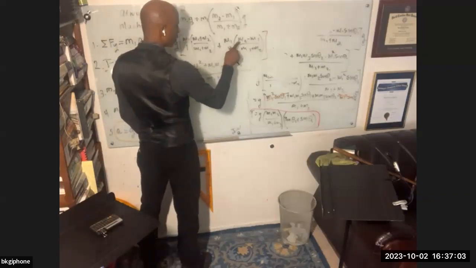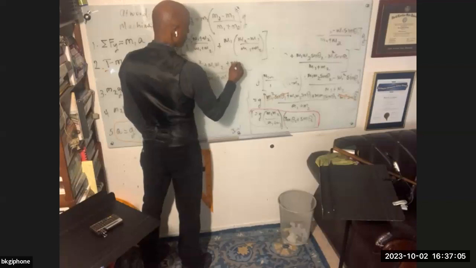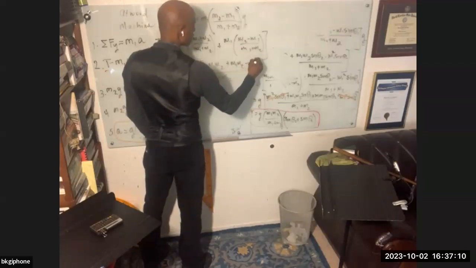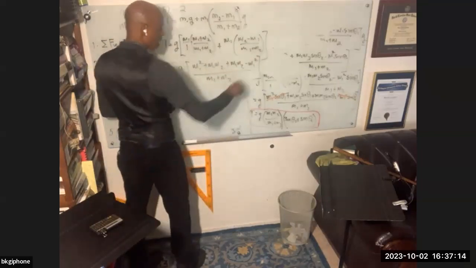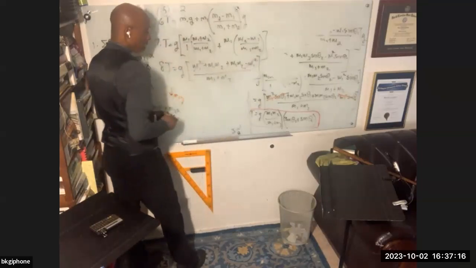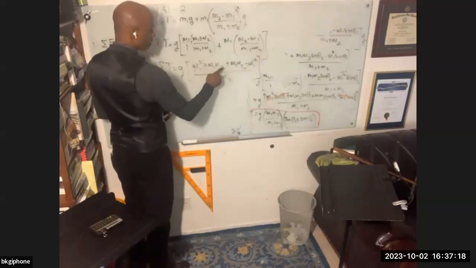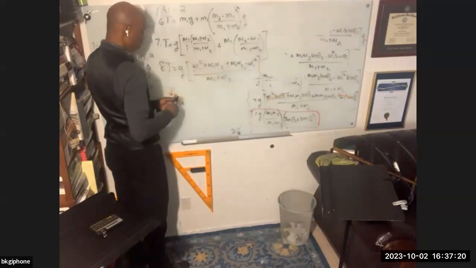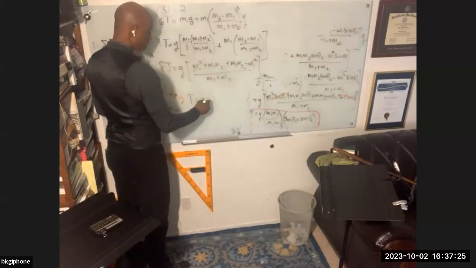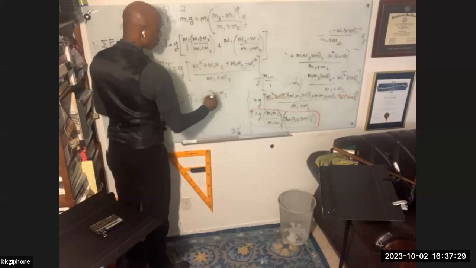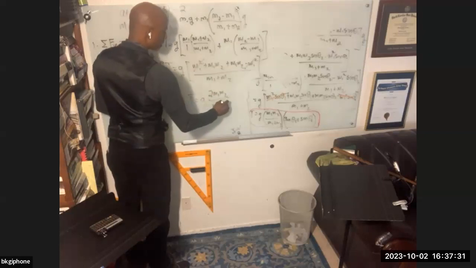Now here I get another one, M1 times M2, but then I get the minus M1 squared. That goes out, and I'm left with M1 M2 plus M1 M2, 2 M1 M2. So with the symmetry of these other ways I've set it up, it's 2 M1 M2 over M1 plus M2.